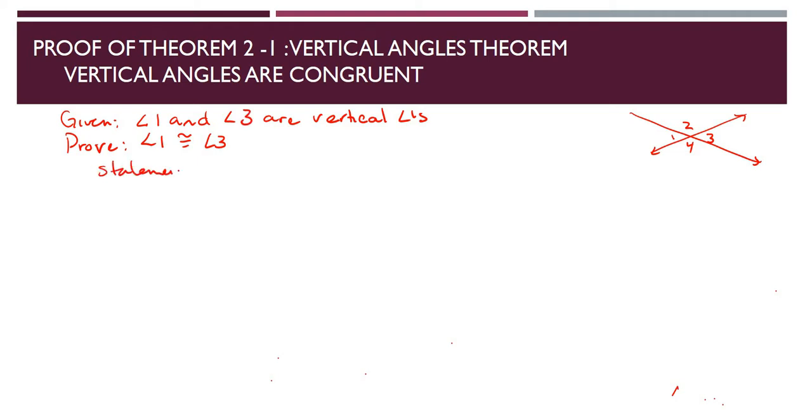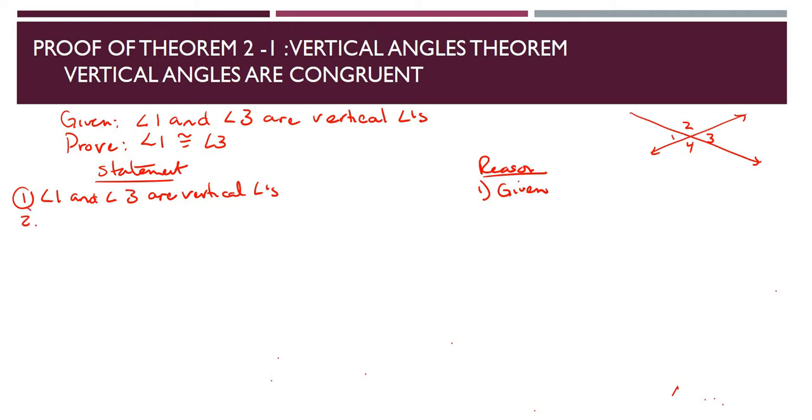Our first statement always has to be our given. So I'm going to write 1 as angle 1 and angle 3 are vertical angles. My reason is given. Second thing I'm going to say is that angle 1 and angle 2 are supplementary.